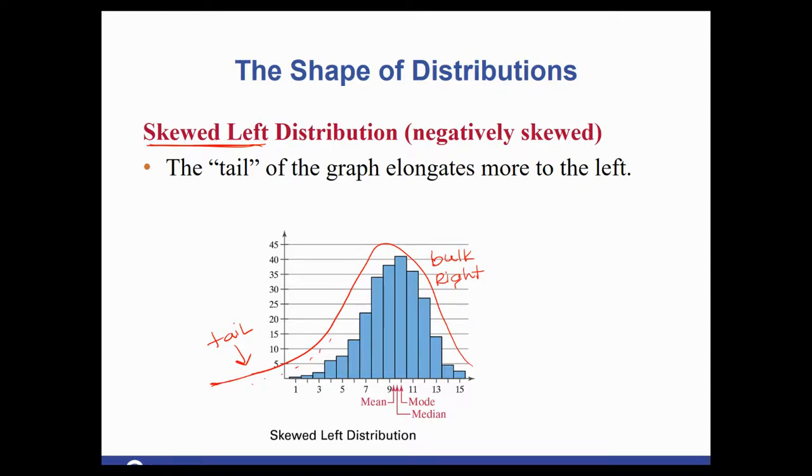This would be skewed left, which also means oftentimes that there are outliers on the left-hand side. So that's what's pulling your data down. Now, if you know something is skewed left, or you see a graph that is skewed left, then we would use instead the median for the center, as it's not going to be affected by that outlier the same way the mean would be. So median would be the best measure for the center if you have skewed left.